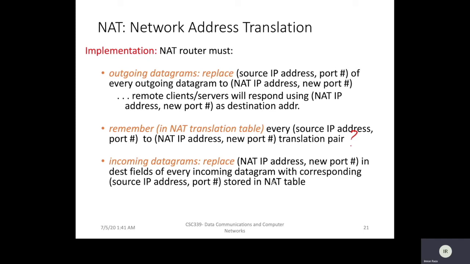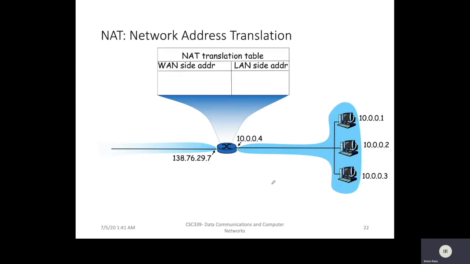Okay, and let's try to understand this with the help of an example, right? So what we said first: what a NAT router does is that it replaces the host IP address and port number with the NAT IP address and with some new port.